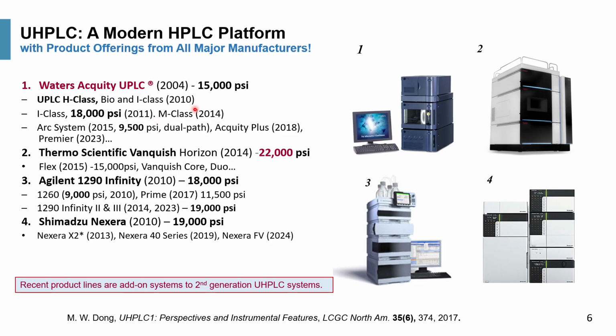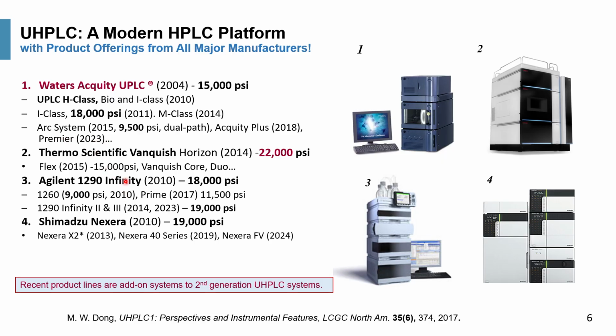Actually, this is the top seller for Waters. They also make the I-Class, the M-Class for micro LC, the ARC system, which is an intermediate pressure, dual path system. Also the Acquity Premier and Acquity Plus using MaxPeak technology.